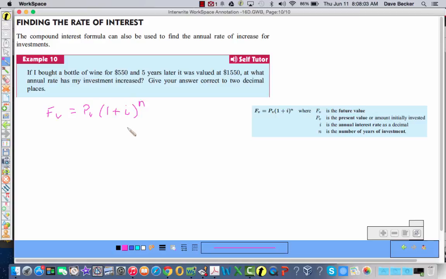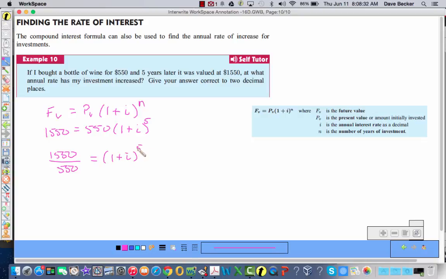Okay, and so what do we have? 1550 is the future value. The initial investment was $550, so that's going to be times 1 plus i, and number of years is 5, to the fifth. Okay, so then we'll have 1550 over 550 equals 1 plus i to the fifth.